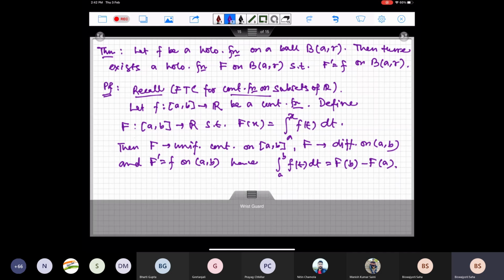Okay, so in that case, how did we get hold of this primitive? We got hold of this primitive by taking integrals, right?